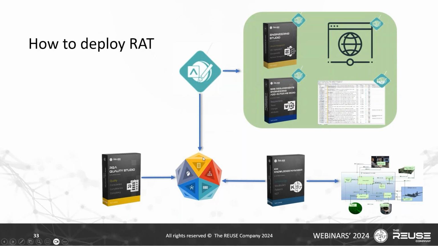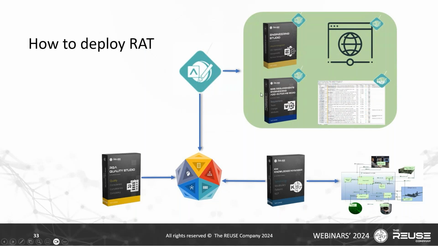RAT will connect to the ontology, and there are different ways to reach the RAT tool. One is that RAT is included in our tool Engineering Studio. So for those of you using the Engineering Studio, you must know that you all have RAT inside of it. You can also use RAT inside of Microsoft Word.